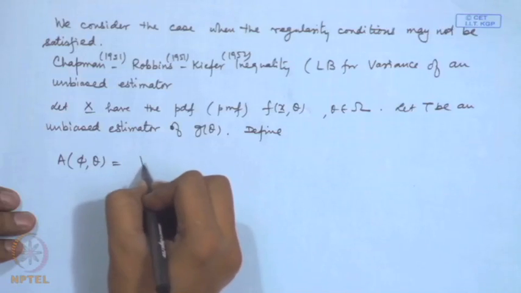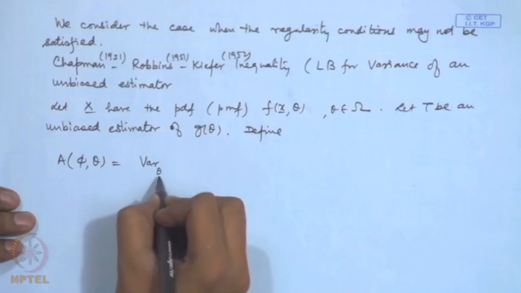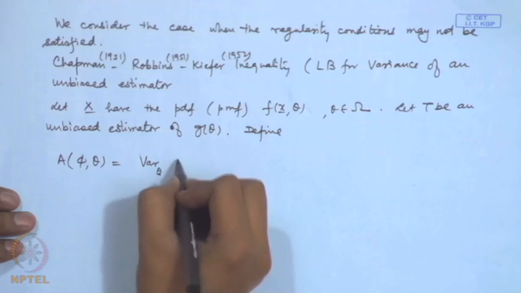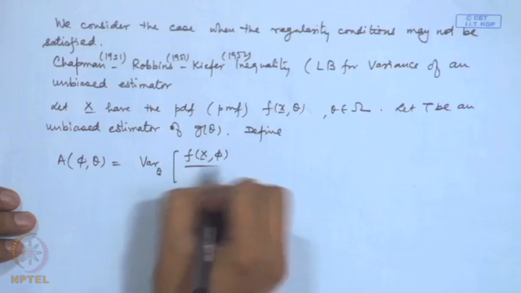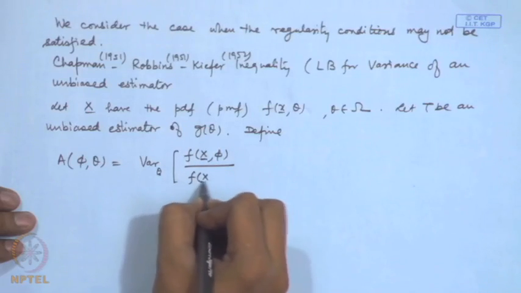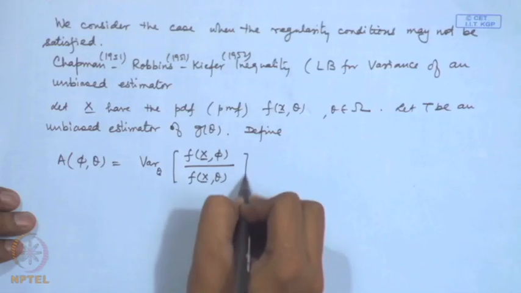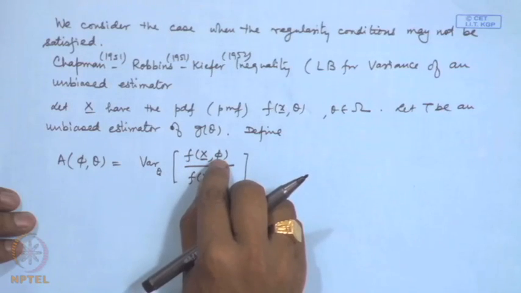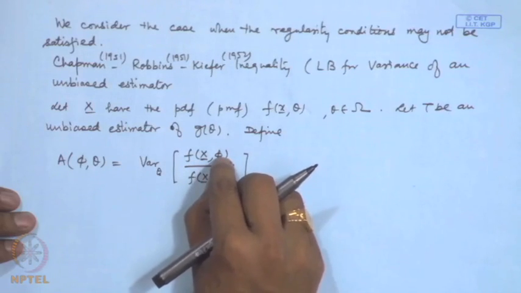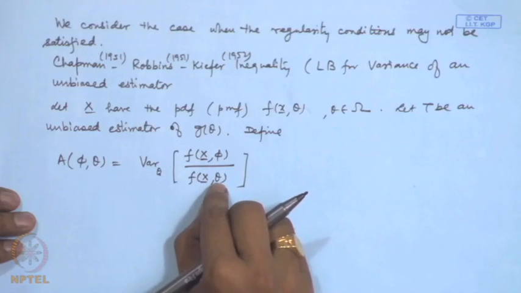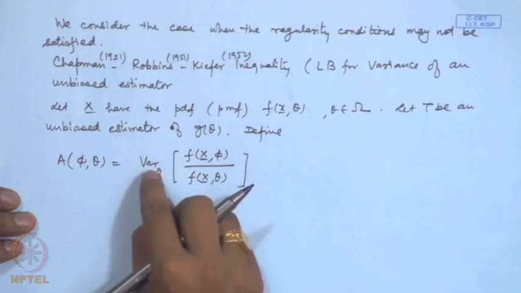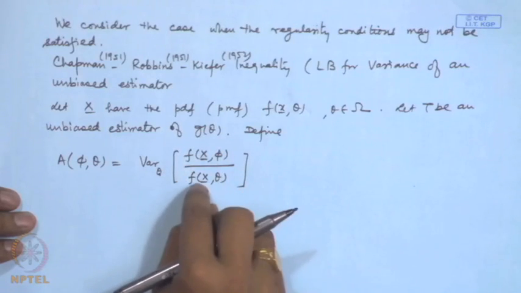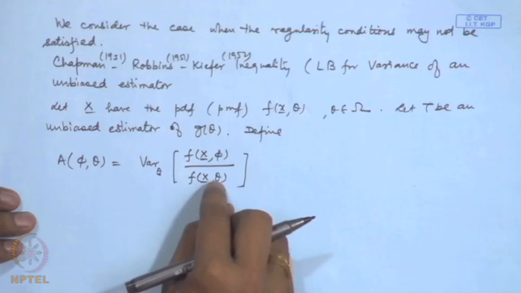This is defined to be the variance under the true distribution f x theta of f x phi divided by f x theta. That means, I am considering the joint distribution at the parameter point phi and the joint distribution at the point theta. Let us consider the ratio, and the variance of this is considered when the true distribution is f x theta.